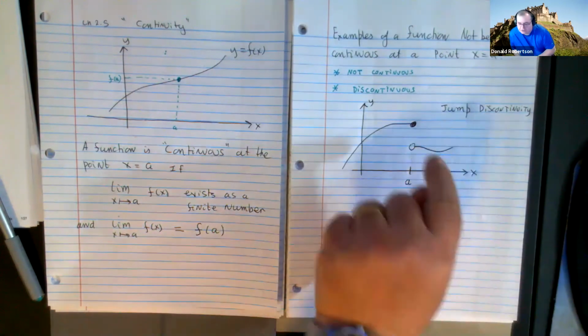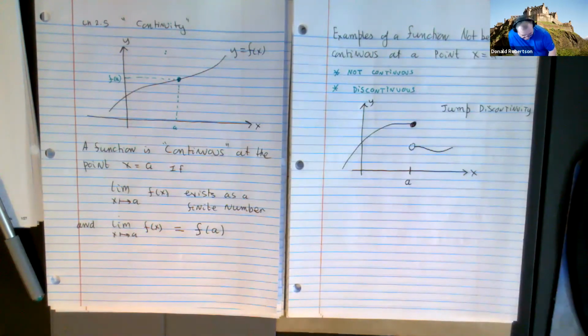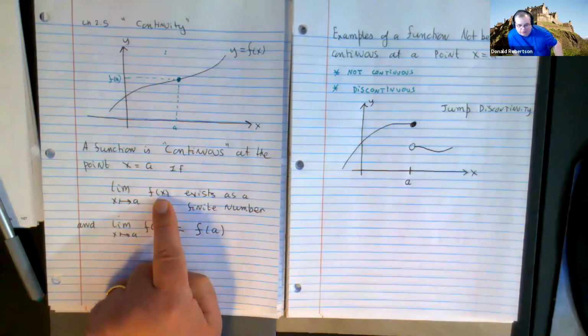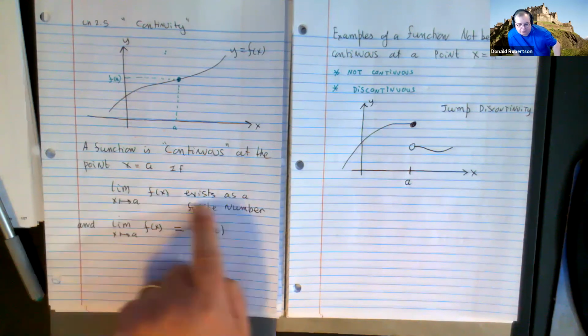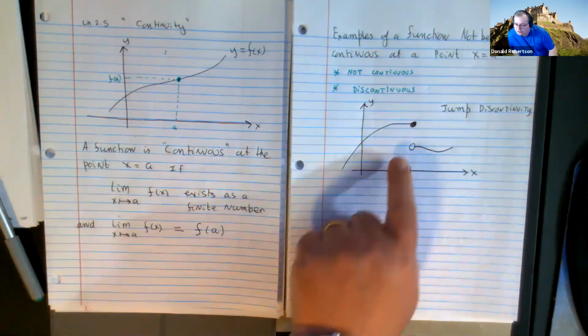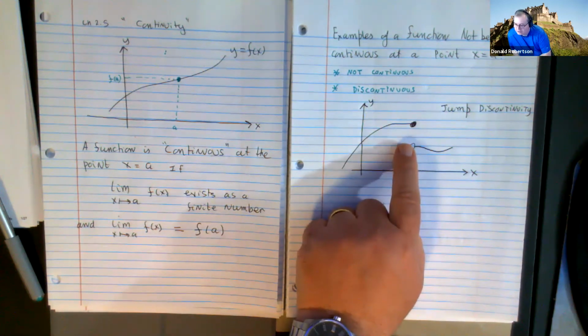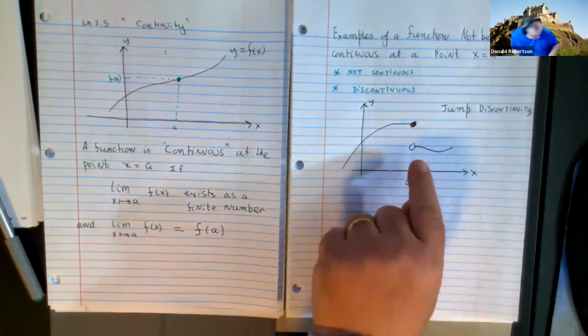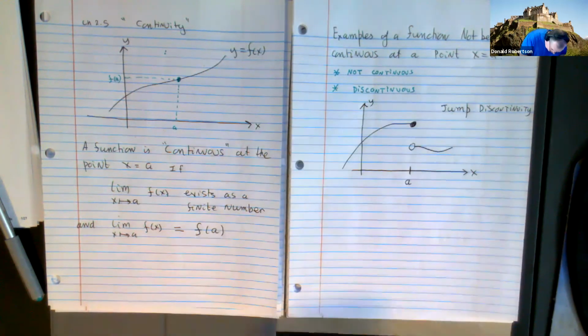Now it's not continuous. Can you see that the overall limit does not exist? So it fails under the first half of the definition. Would you agree that the function does not have an overall limit? It doesn't exist. And that's it. It's called a jump discontinuity. I kind of like the name. It kind of jumps from one branch to the other.